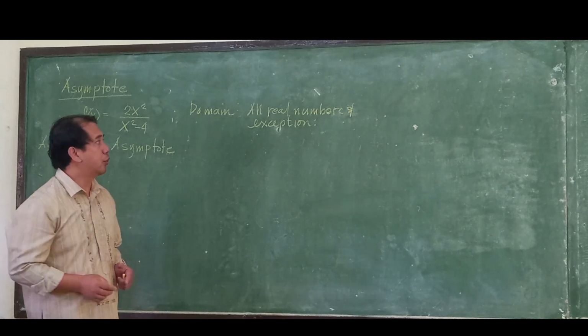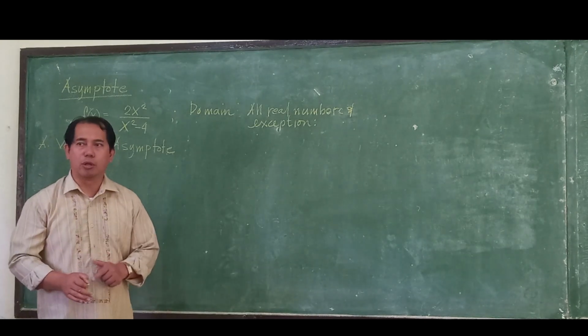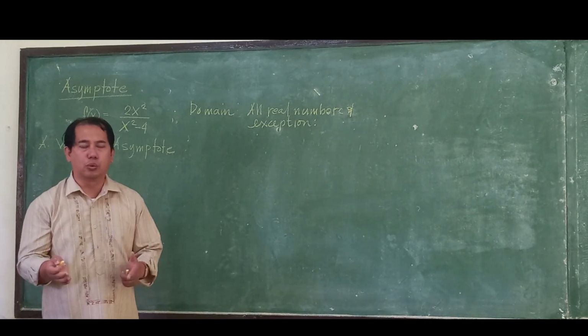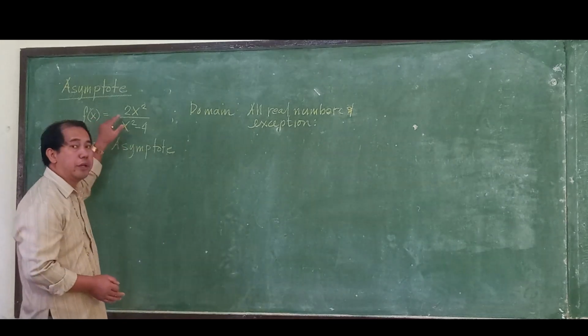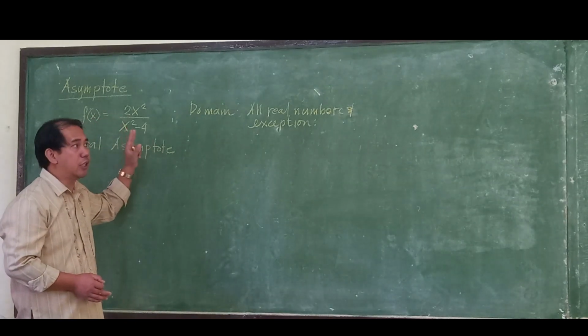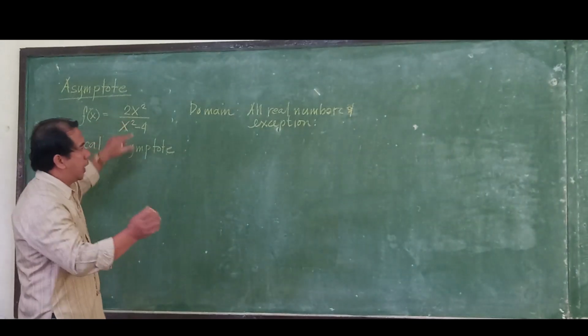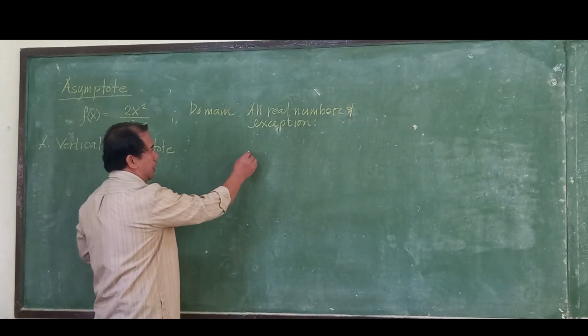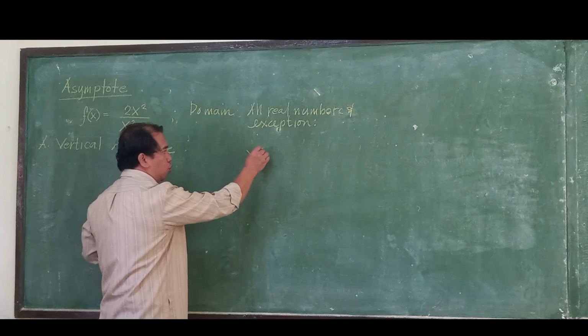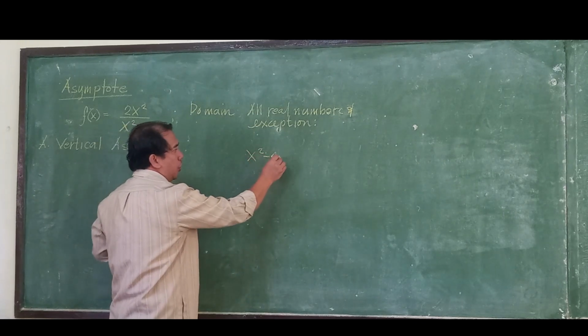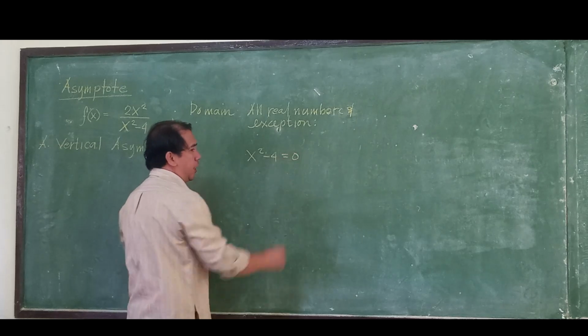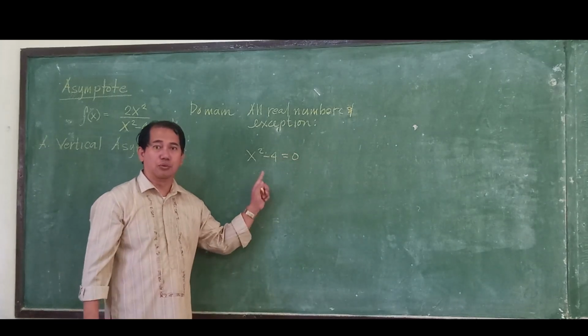If you do not know how to look for that number, what will you do? You just take the denominator and equate it to 0. The denominator, x raised to 2 minus 4, equated to 0. Then compute for the value of x.